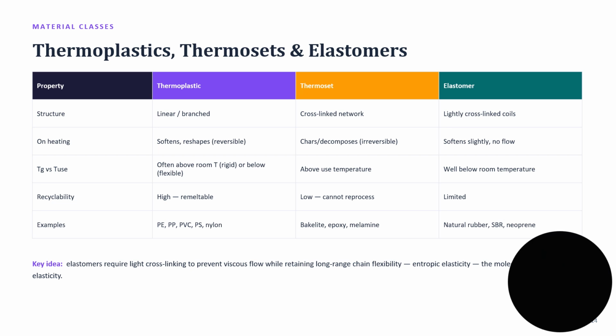When you release it, entropy drives the chains back to their disordered coiled state. This is entropic elasticity, fundamentally different from the elasticity of a metal spring, which is enthalpic in origin.